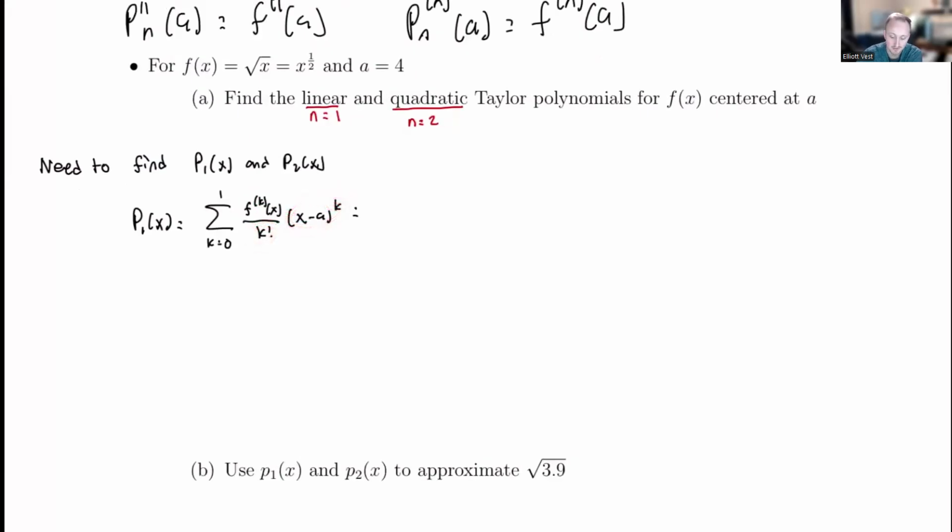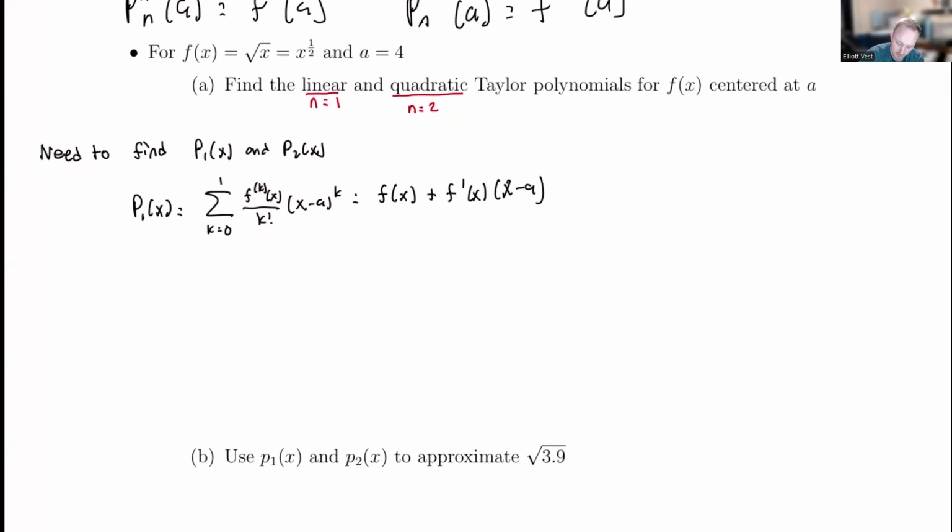To the 0 power, that's nothing. So this just becomes f of a, we'll leave it as x here first. Plus the second term, the first derivative, 1 factorial to the 1 power. So f prime of x, x minus a.